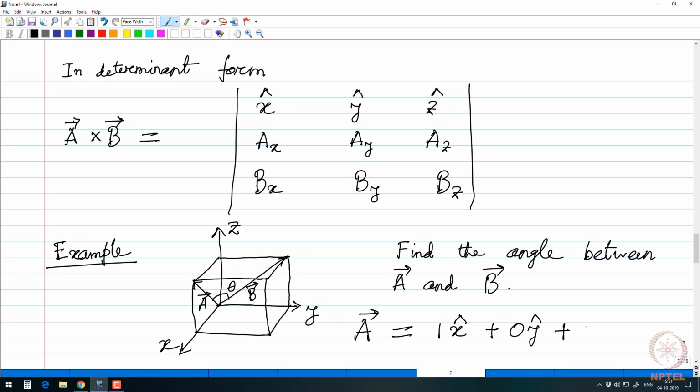And if we project it onto z axis, that is also 1. So this is the component form for A vector. For B vector, the component form would look like, its projection onto x axis is 0, so 0 x cap, plus projection onto y is 1 y cap, and projection onto z is also 1, so 1 z cap. This is the form of B vector.